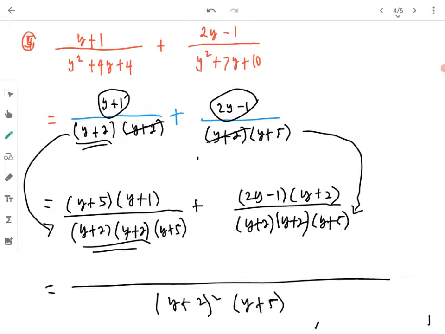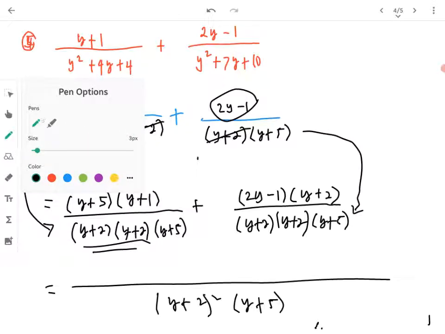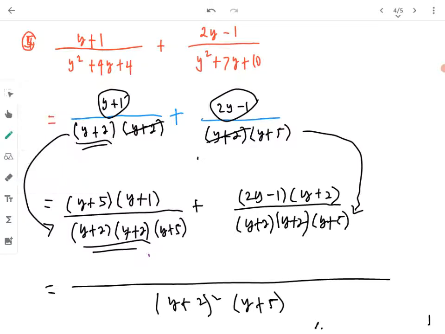So let's try to combine this. We have y squared. We have y. We have 5y. Then we have 5.